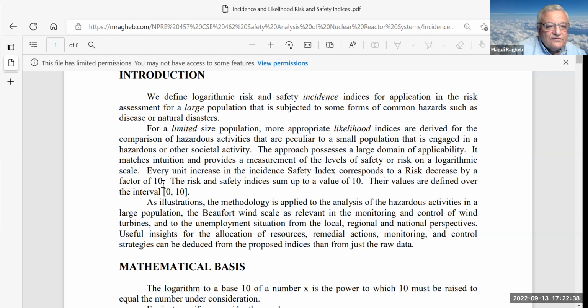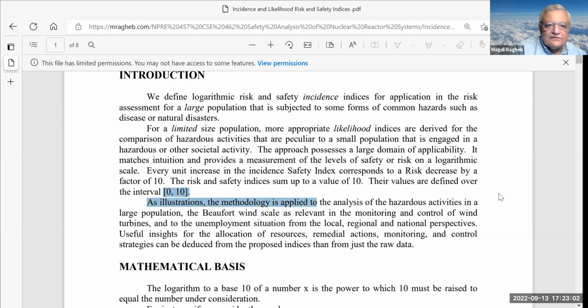Our logarithm is simply the conventional logarithm to the base 10. And in that case, you find that the values of the risk indices or the safety indices are basically contained in the range or the interval 0 to 10.